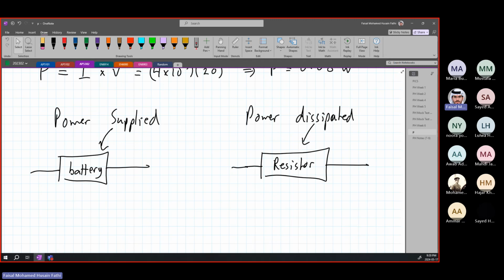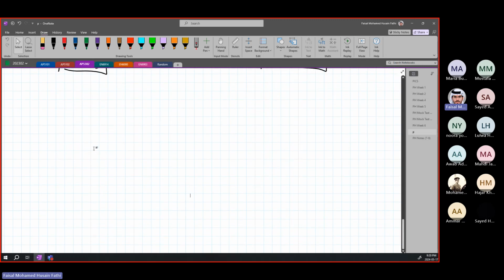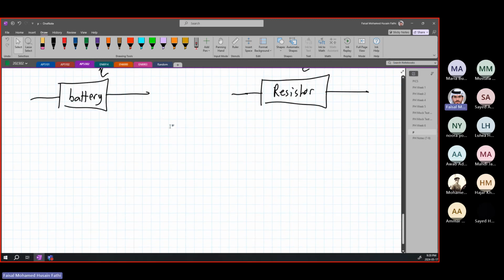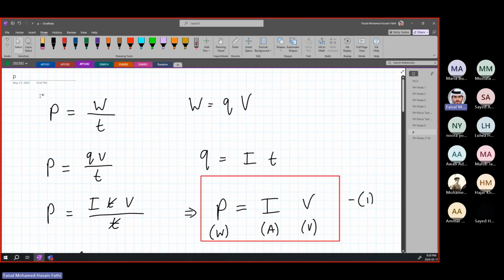The remaining questions are very similar. I want to just move on to electrical energy. So again, remember when I said in the derivation that power is work or energy over time.